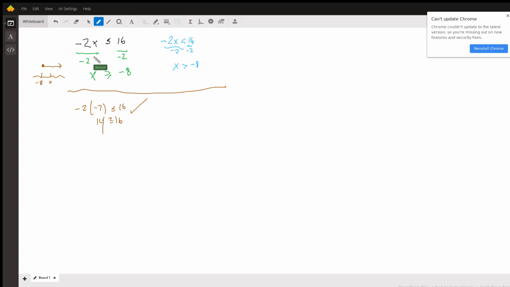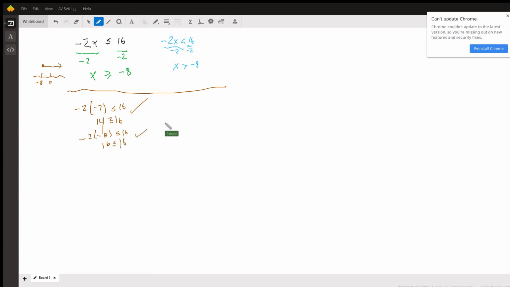I could have also taken negative 8 here, you see, because the solution is that x has to be greater than or equal to negative 8. So I could have taken negative 8: negative 2 times negative 8 less than or equal to 16, and that would give me 16 is less than or equal to 16.